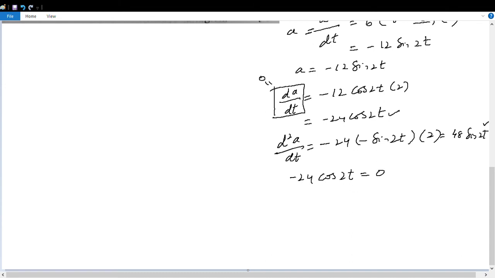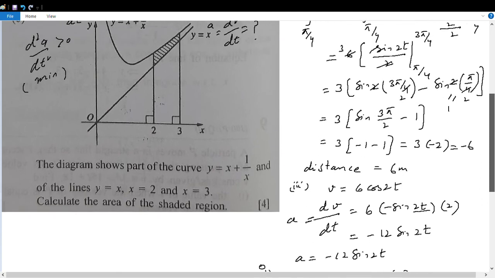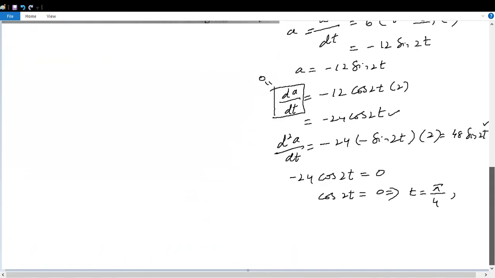So here you get cos 2t is equal to 0. This implies that t is equal to pi over 4, and the other value is 3 pi over 4.